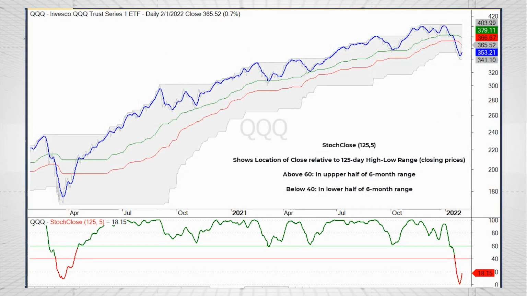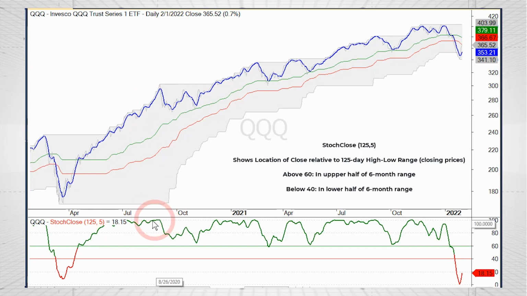So now let me show you a visual of that 6-month range. And this gray zone here shows the 6-month low, 125-day low, and then the upper line shows the 125-day high. And we've got the QQQ closing price as a gray line, and then the 5-day moving average as a blue line. But you can see as QQQ is moving higher and hitting new highs, it's at the upper end of that 6-month range.